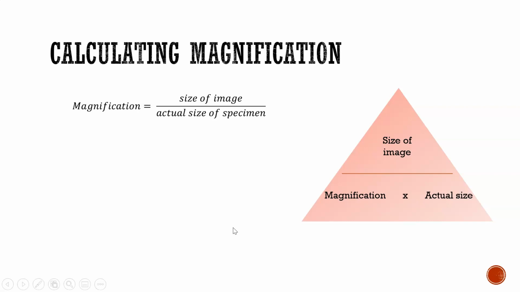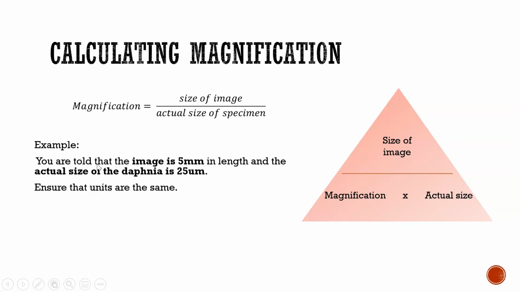Okay, so let's practice this. We're told that our image is 5 millimeters in length and the actual size of our Daphnia is 25 micrometers. What we've got to do first of all is ensure that all the units are the same. So we're going to convert our millimeters to micrometers: 5 times 1,000 gives us 5,000 micrometers.